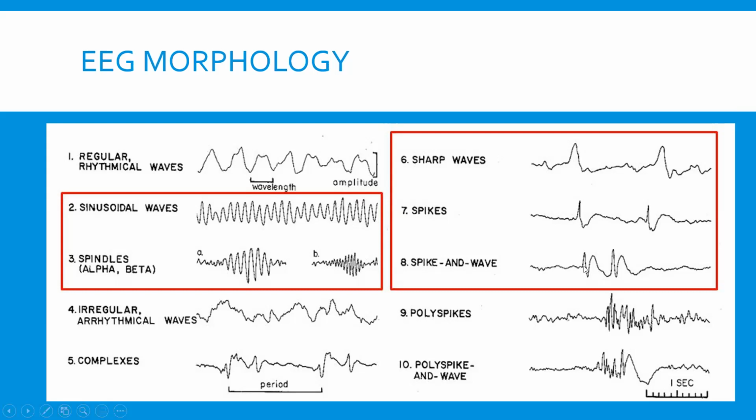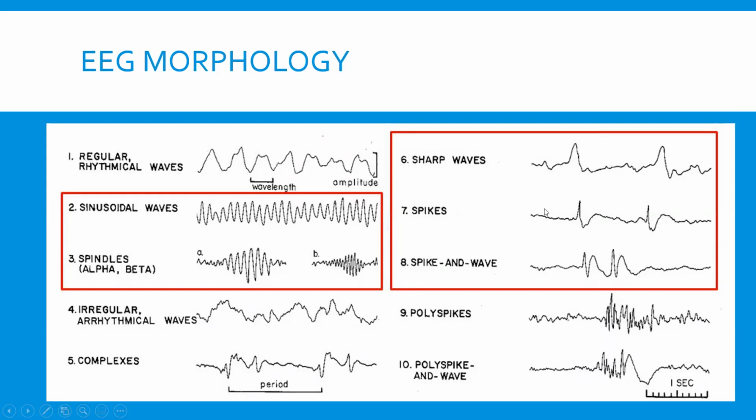Sometimes with the spike wave, there's also a slow wave followed afterwards, so it's called spike and slow wave. If you read our EEG report, a lot of times when we say a spike and slow wave, this is essentially what we're talking about. Sometimes there are several spikes together, and that's called polyspike. And then sometimes there's a polyspike and wave, so you have these multiple spikes followed by a slow wave.